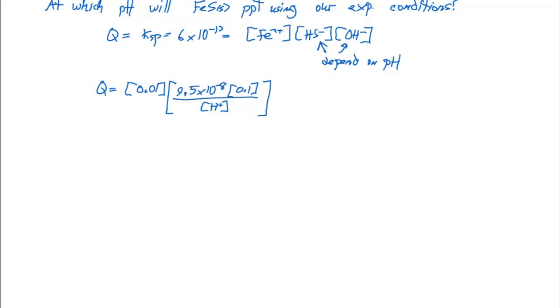Here the H+ is in the denominator, so as we raise the pH, that H+ goes down, and we're going to make that quantity in brackets larger. We also know that the OH- concentration is going to be the Kw divided by the H+. This we will set equal to 6 times 10 to the minus 19.